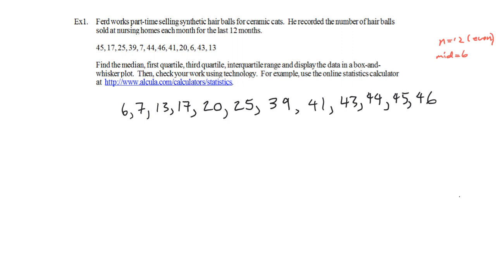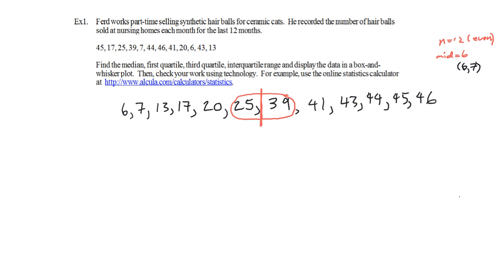But because it's an even list, we have positions 6 and 7 to average. And in order to identify that, you just count from the bottom, and you end up with position 6 being 25 and position 7 being 39. So we're eventually going to have to average this. And you notice something?